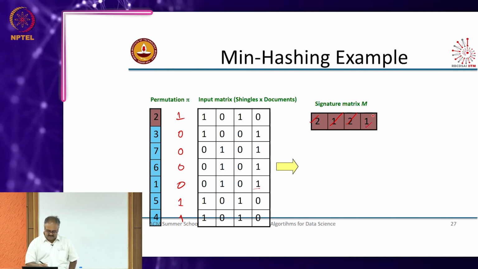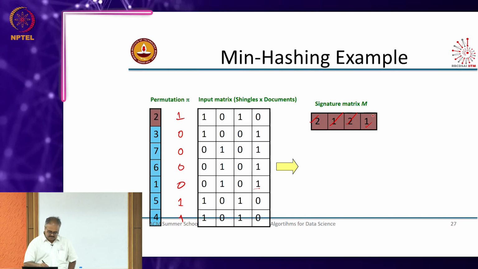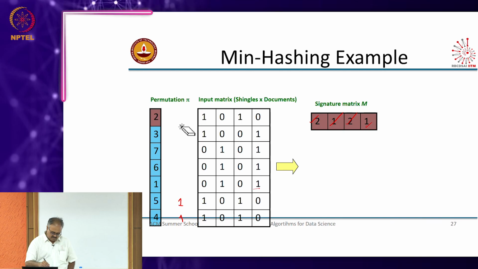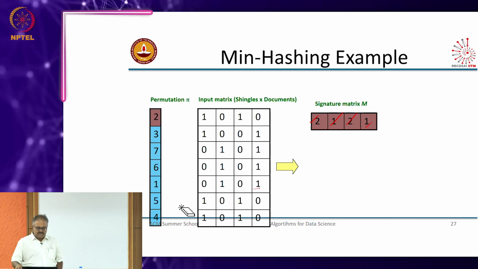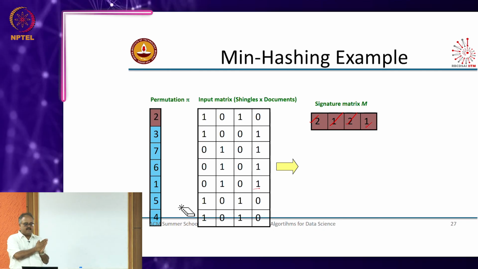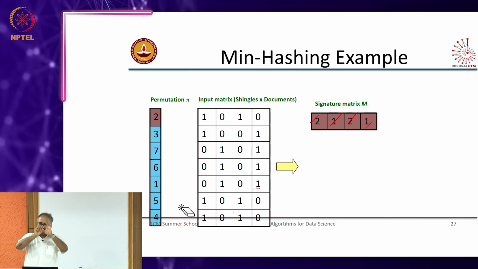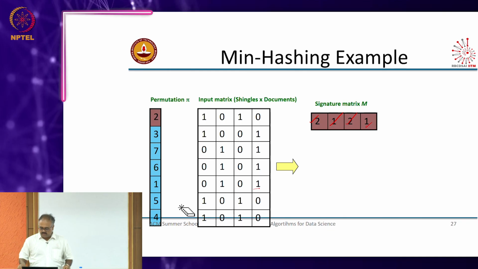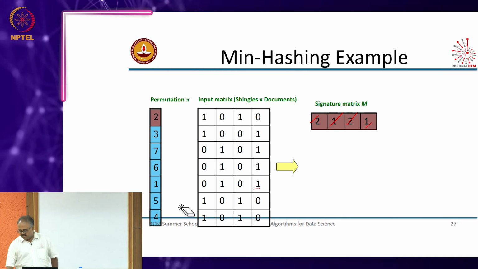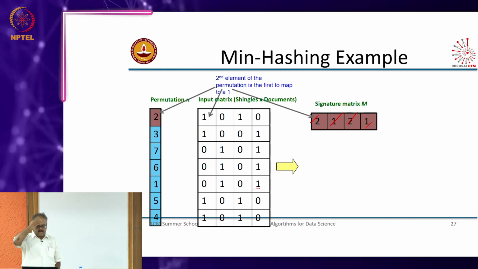So this is basically the signature. I have taken this matrix and used one permutation, and converted that into a signature, which is just a single row. Of course this is not going to tell me anything, I can still say that 2 rows are equal.